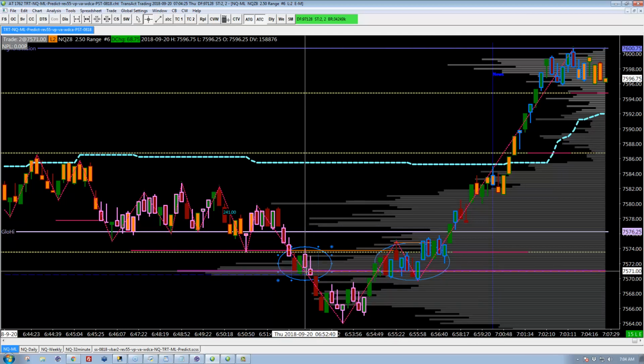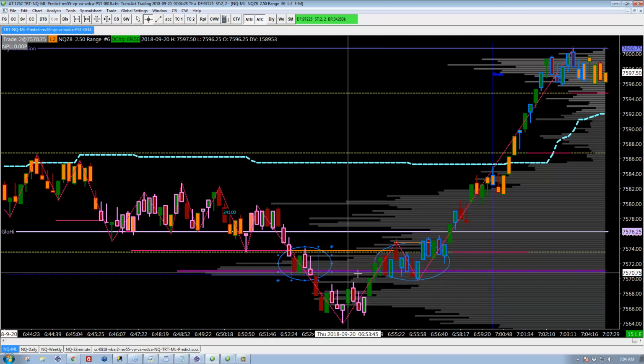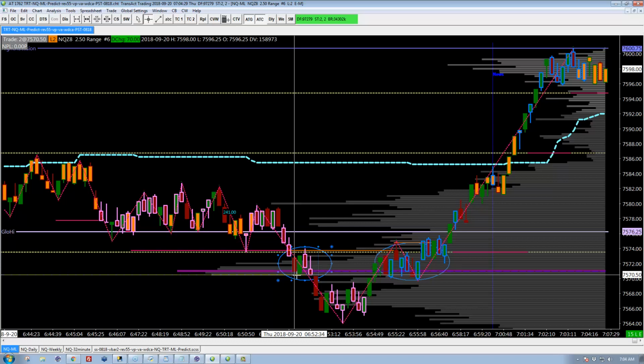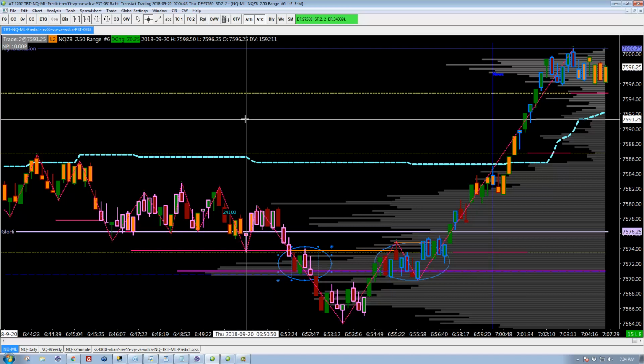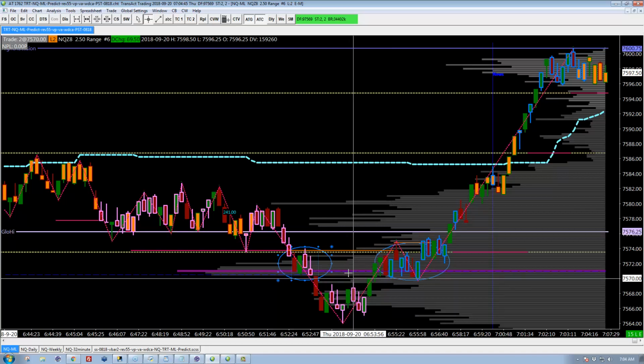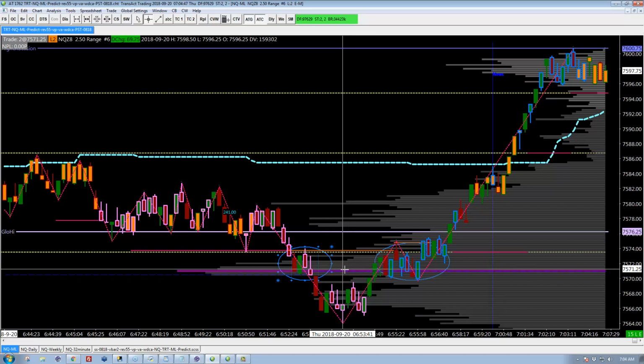We can't tell as well what's going to happen because we know there's lots of buyers and sellers that have traded here, and we don't know their current position. We know the market spent a lot of time here, and we don't want to enter where the market spent a lot of time. We want to enter where it's not spent a lot of time and have it move back to where it has.